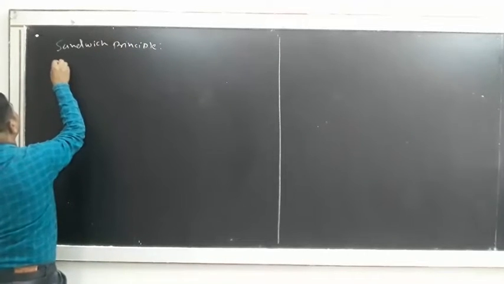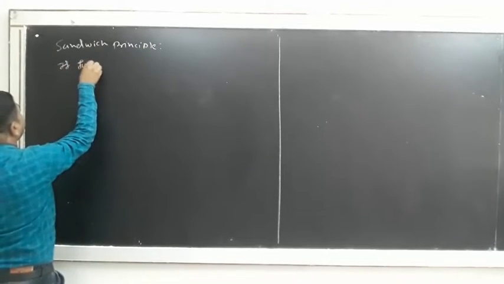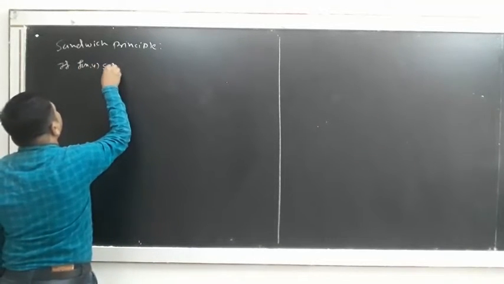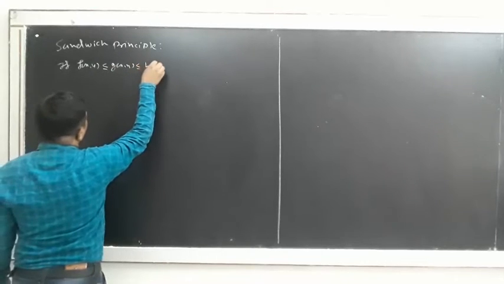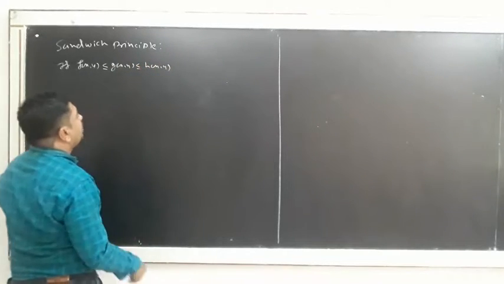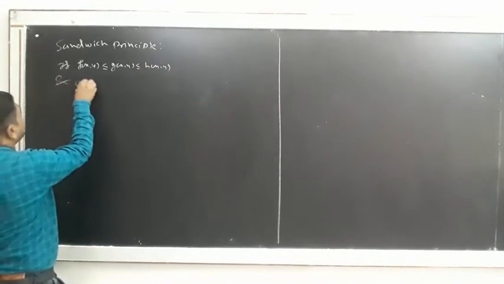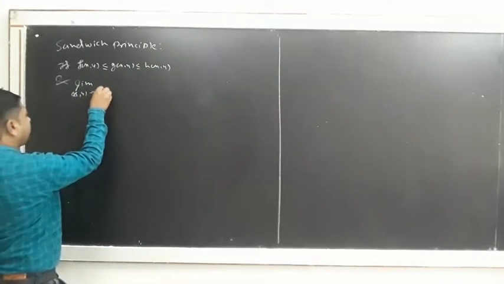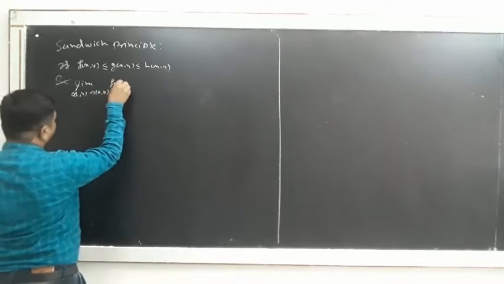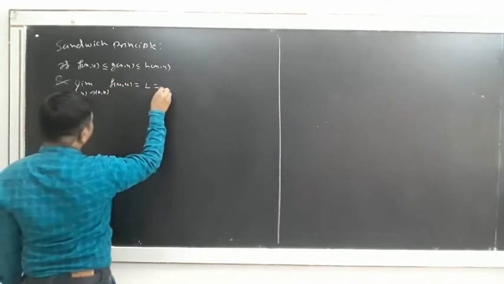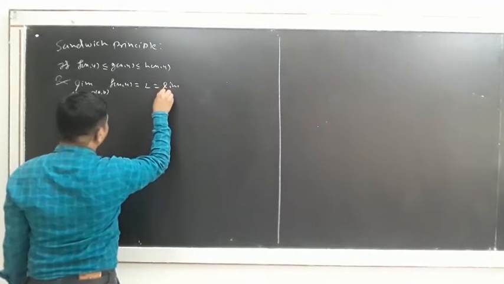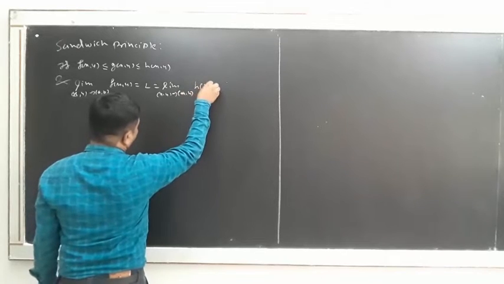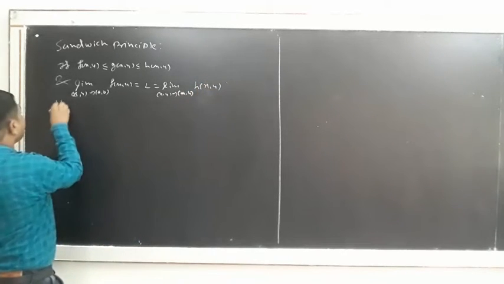Okay, so what we have: if f, g, h are functions defined on some domain D, with f(x,y) less than or equal to g(x,y) less than or equal to h(x,y), and one more condition, that the limit of f(x,y) as (x,y) tends to (a,b) is equal to L, and it is the same as the limit of h(x,y).